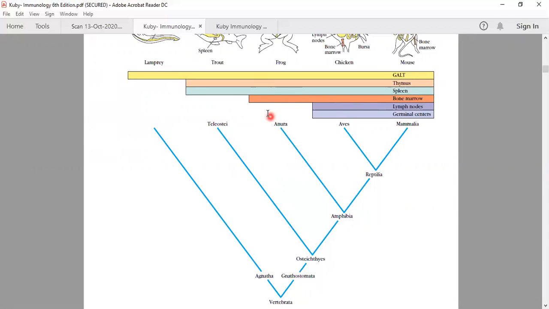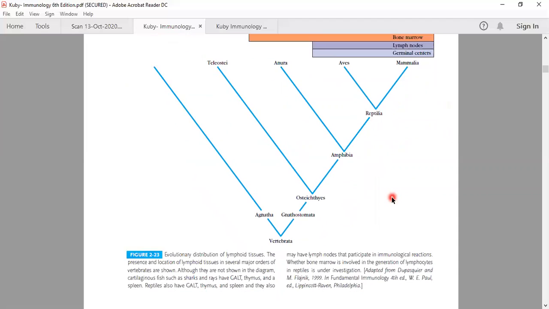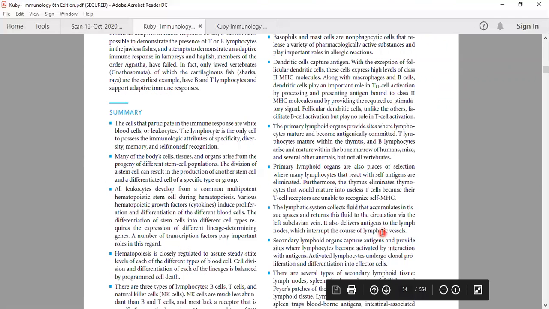Up to anura, they have bone marrow. And teleosts may have thymus and spleen. The spleen is present in a large number of animals, but this gut associated lymphoid tissue is present in all the animals, in all the vertebrates and invertebrates. So the GALT is the basic lymphoid tissue or organ which is required by all the species.